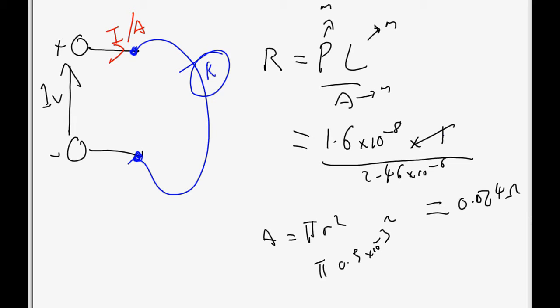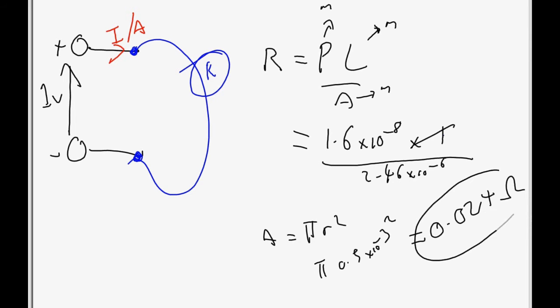Let's write that a little bit better on the screen. R is equal to 0.024 ohms. There we go. That is our resistance of 1 meter.